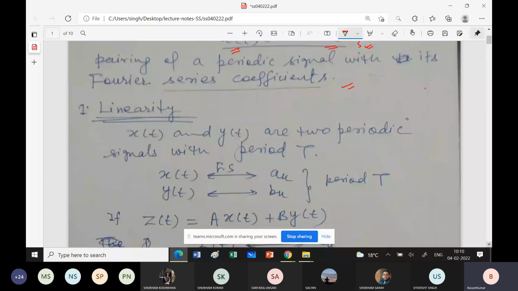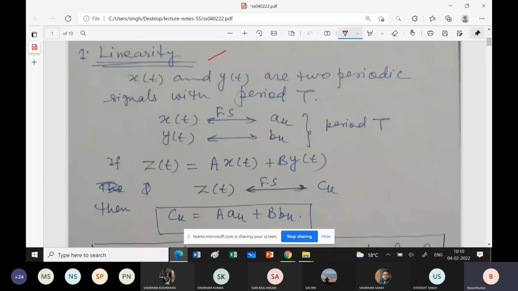Now there are some properties. One property is linearity. What it says is that if x(t) and y(t) are two periodic signals with the same period T, and x(t) is represented using coefficient a_k, and the Fourier series of y(t) is represented using coefficient b_k, and both signals have the same time period, that is the precondition.